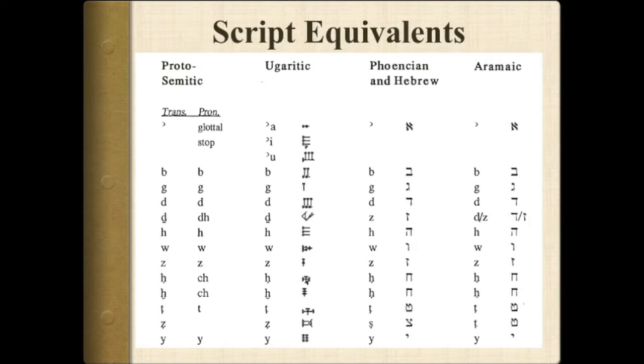But because they are using a Phoenician alphabet with only 22 signs, they will often double up sounds with one sign, and they do it differently on some occasions. And if we look down this list, we will see, for example, that with Aleph, Bet, Gimel, Dalet, the spelling you will find in Hebrew and Aramaic is identical.